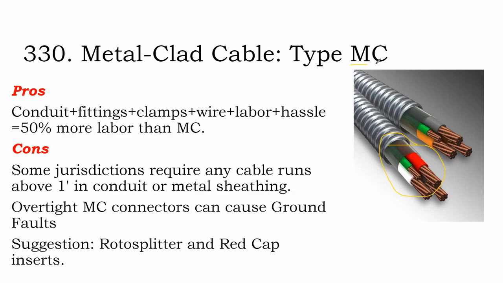The pros of metal clad cable. This is not flexible metal tubing where you buy the metal conduit empty and then you pull the cables through it. This comes with, they actually wrap this binding around the cable, and that actually has a difference.